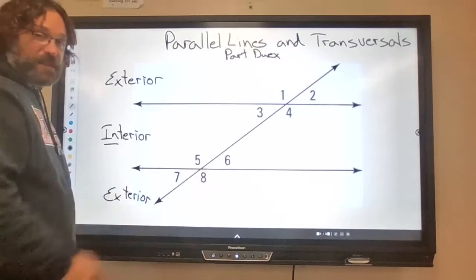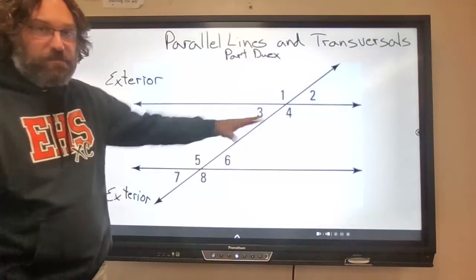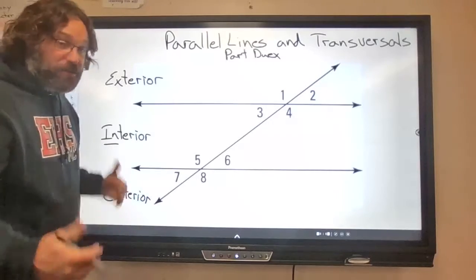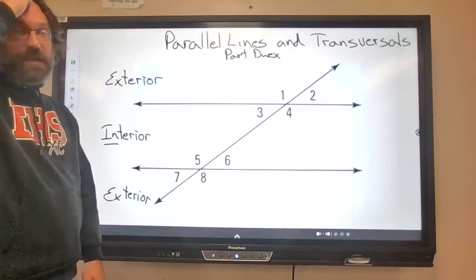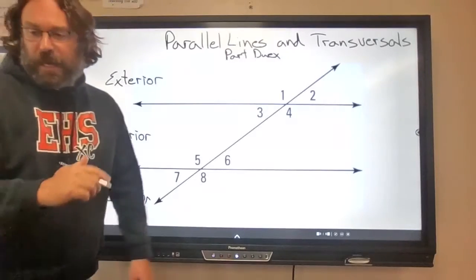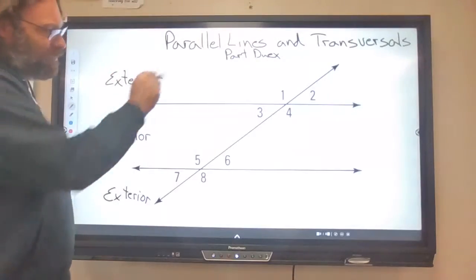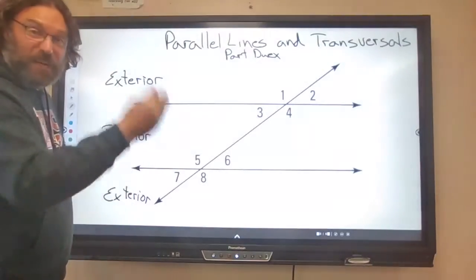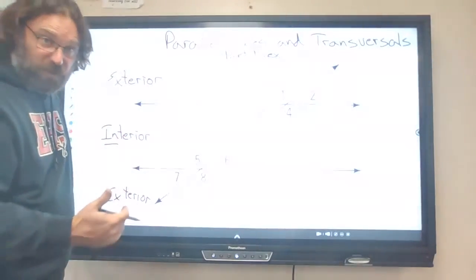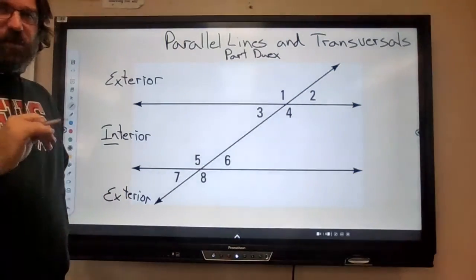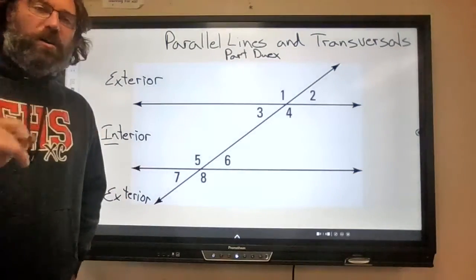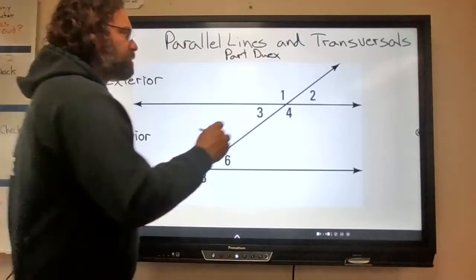Okay, so think about it this way. Inside the house is the interior. Outside the house, we call that the exterior. Interior and exterior. Now we've got this other line that comes through. It cuts through everything. It's a transversal. But it's going to create something called alternating angles.